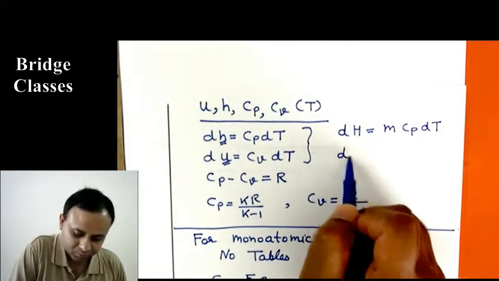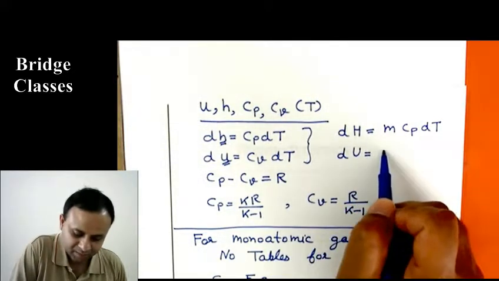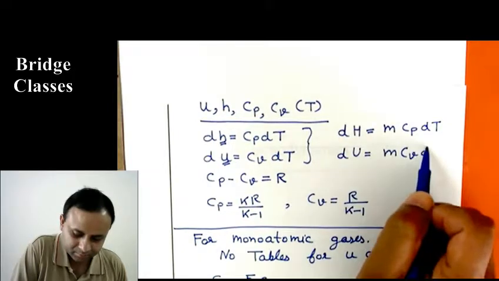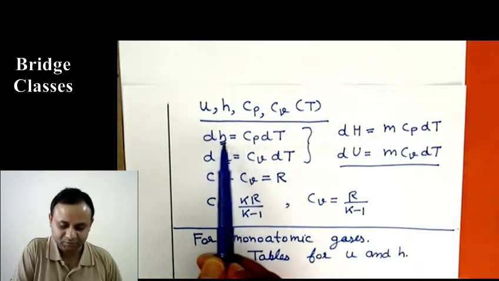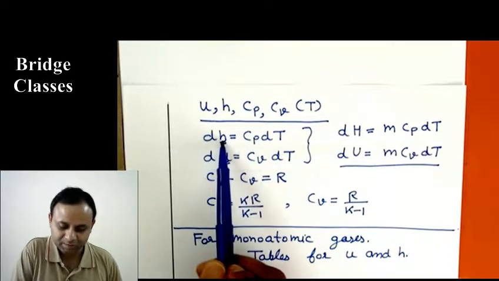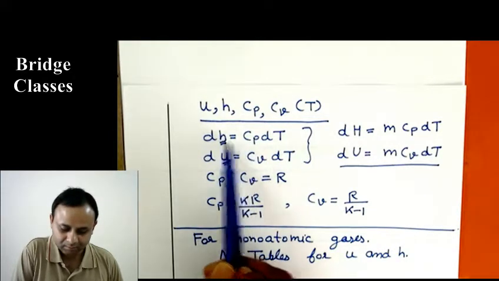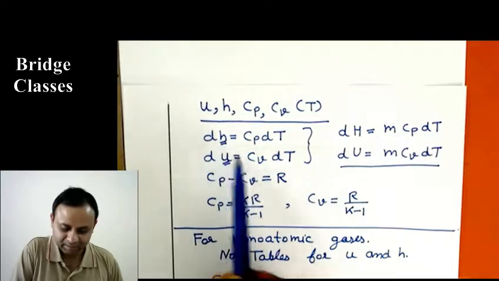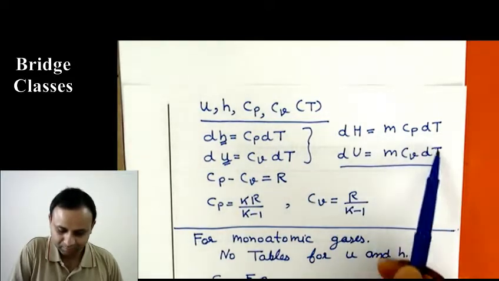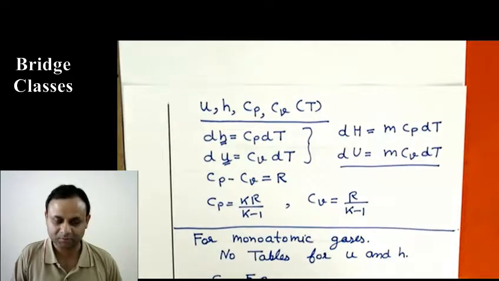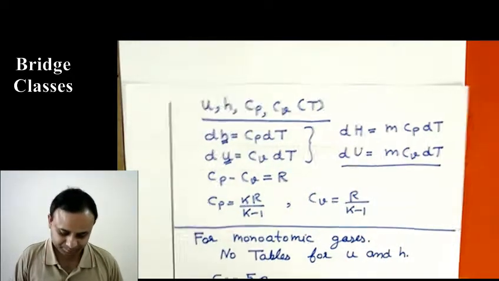Similarly, dU will be m Cv dT. This is per unit mass basis. Units have to be consistent. This is joule per kilogram, and this side is also joule per kilogram. Here this is joule, and this side is also joule. They have to be consistent.